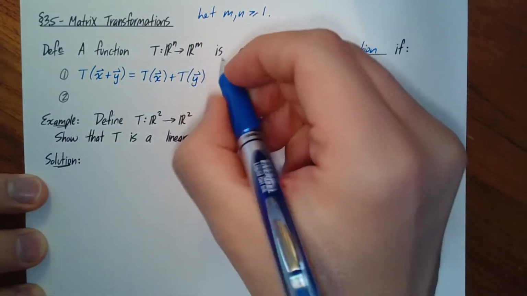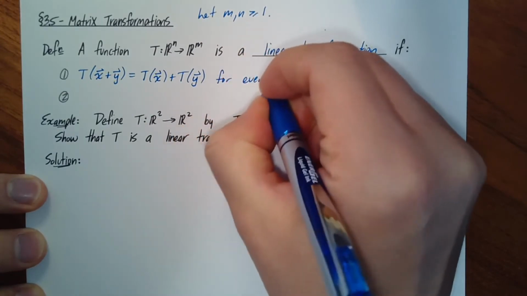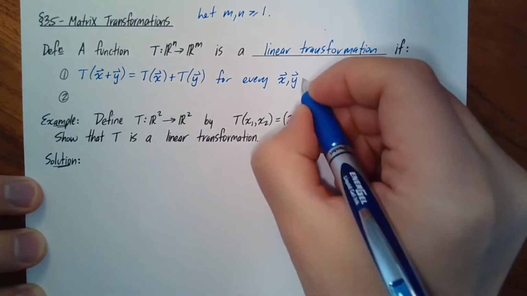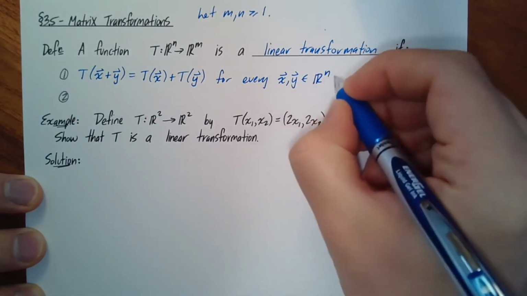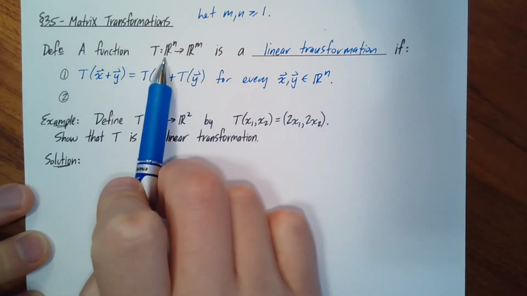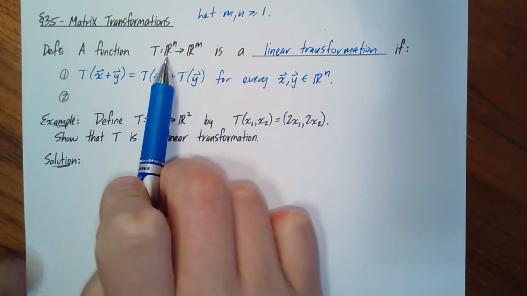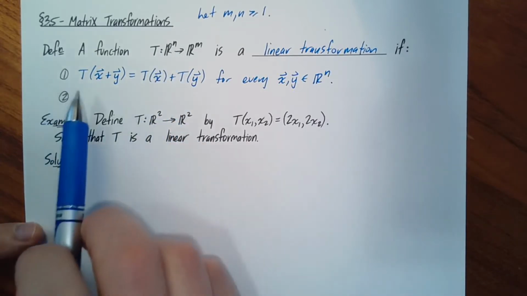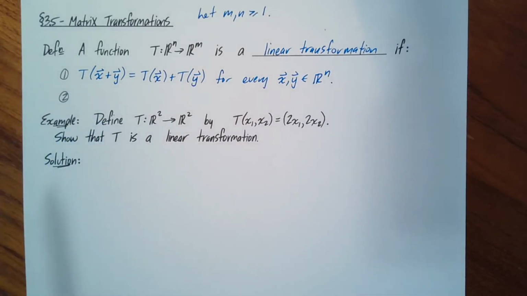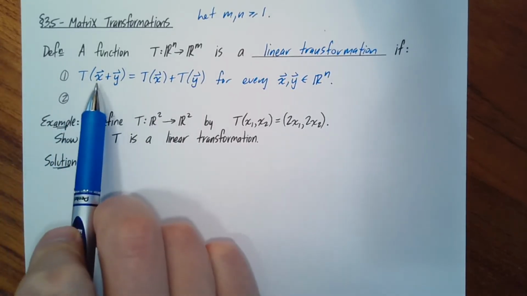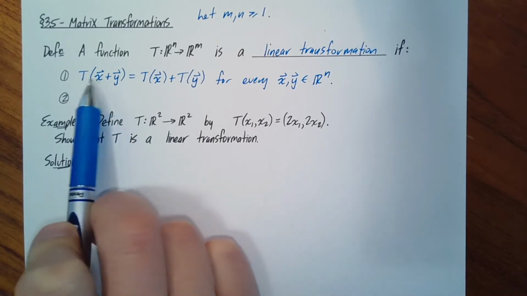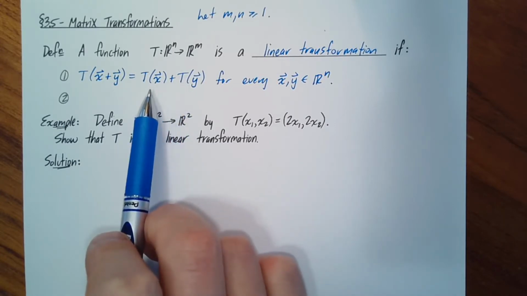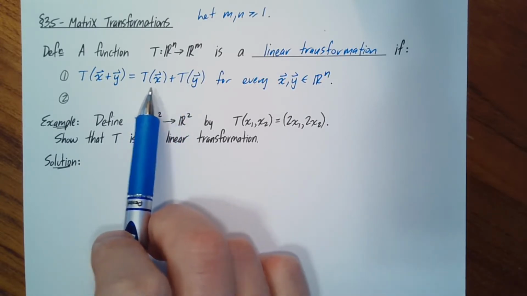And this has to be true for every possible choice of vectors x and y in R^n, which is the domain of this function T. The first thing before the arrow is the domain of the function T. So really what this is saying is that if you have two n-dimensional vectors x and y, you can either add them up and then plug them into the function T, or, on the right-hand side of the equation, each of the vectors x and y is plugged into the function T separately and then added afterwards.